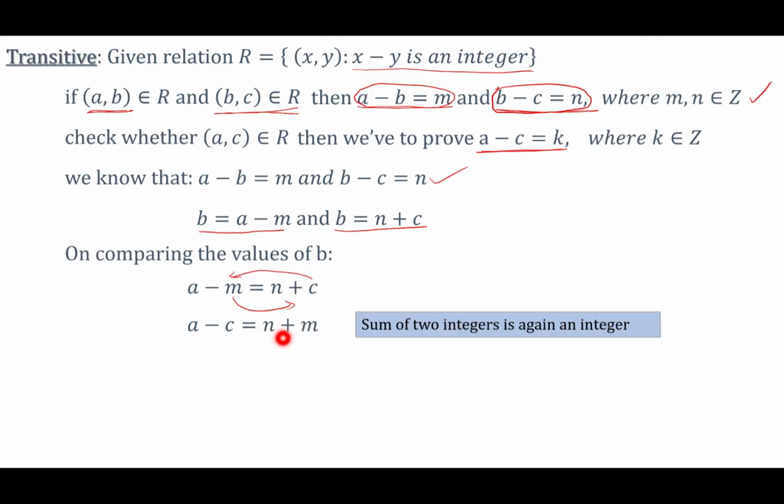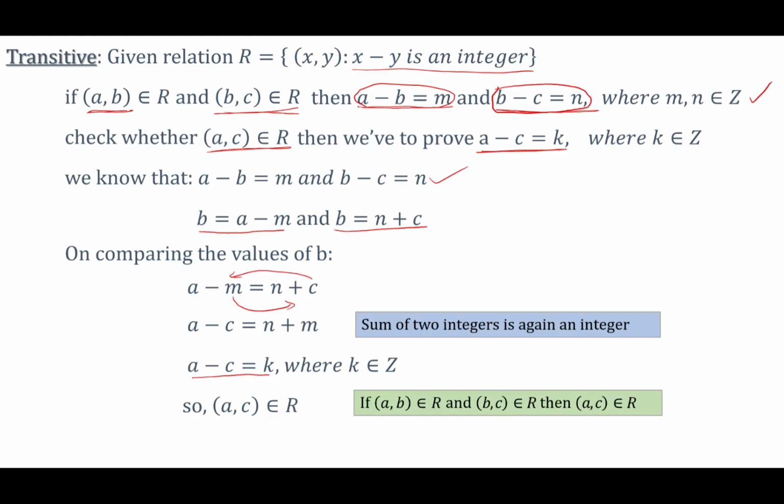So I'm saying n plus m is k for some k, and k is also an integer. So a minus c equals k. This is what we had to prove, and I proved it. Then (a, c) belongs to R. Hence, the given relation satisfies the transitive condition.